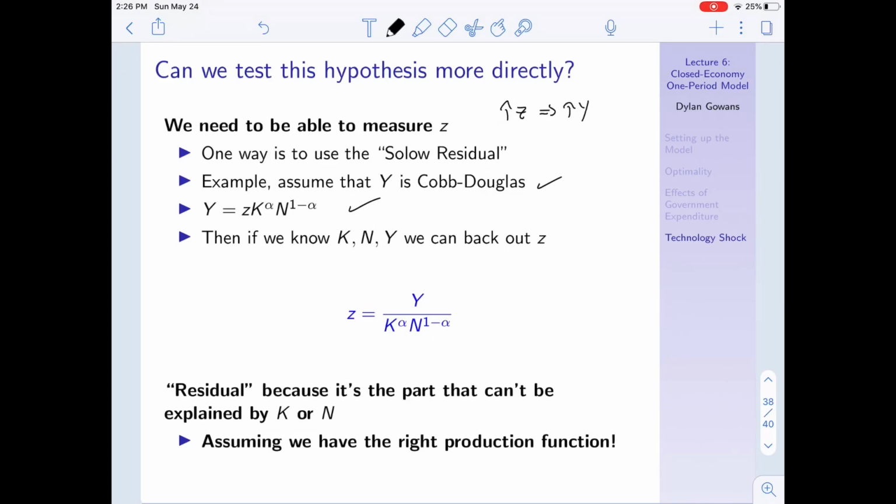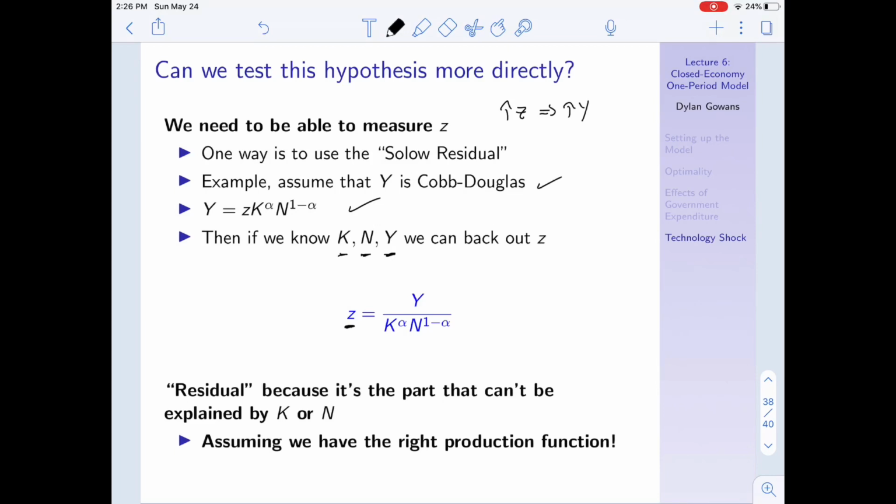What's nice about that is if that is the production function for the economy, then we can measure capital, we can measure labor, and we can measure output. And if we measure all of those things, we can easily back out Z just by this equation. It's the residual because it's the part that can't be explained by k and n.